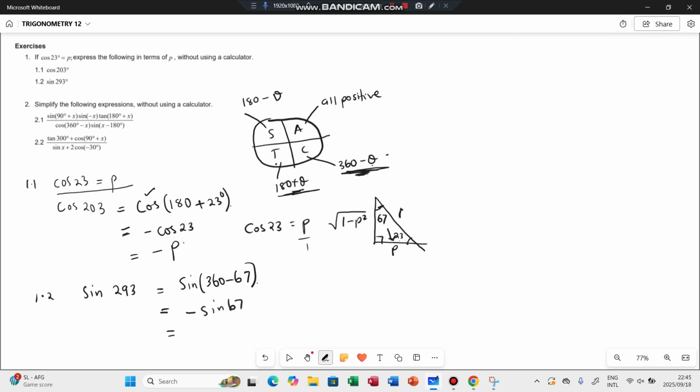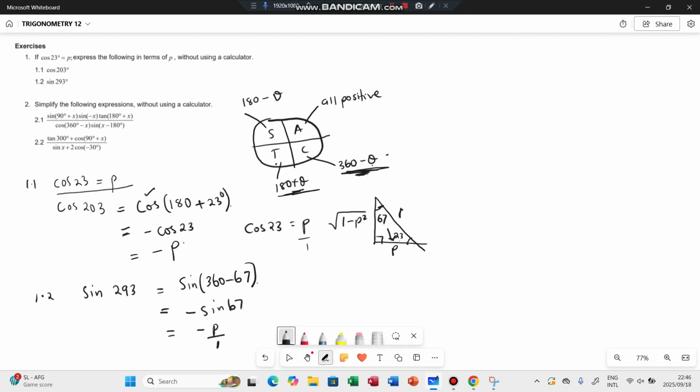All right. Sine is opposite, which is p, which gives you negative p over hypotenuse, which is 1. There is also an alternative case.